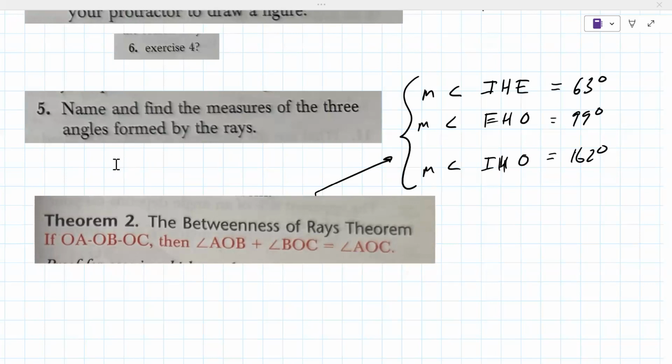So the answer to number 7 is this one. Number 6 is the definition of betweenness.